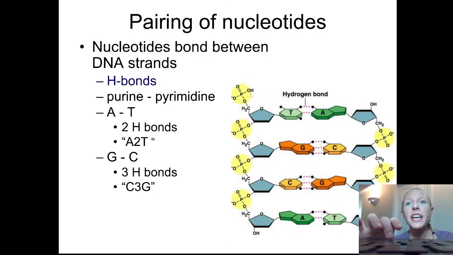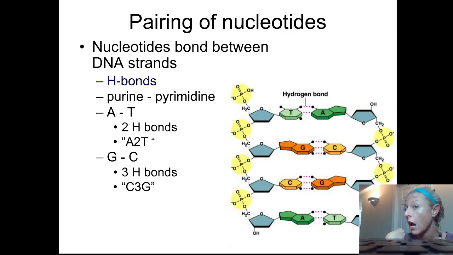So, as I had mentioned, your nitrogenous bases pair together. Your A's and T's are going to pair together, and anyone remember the bonds that we use to pair water molecules?